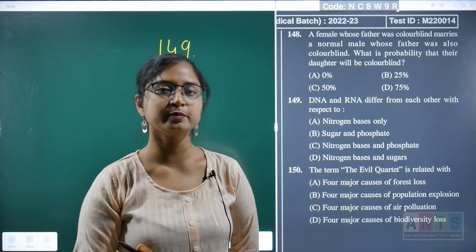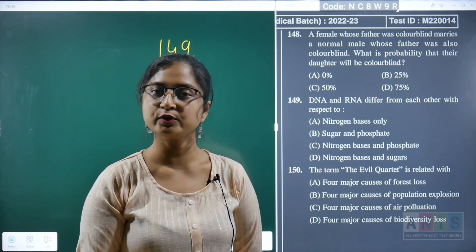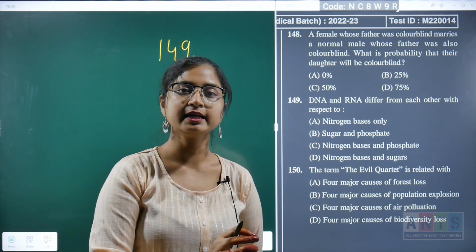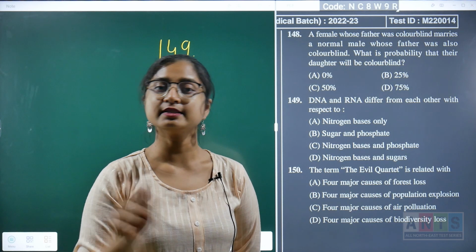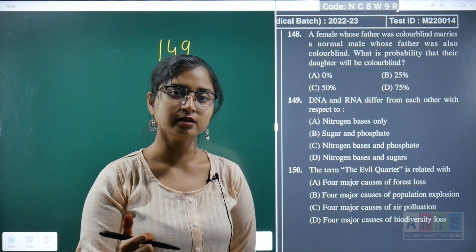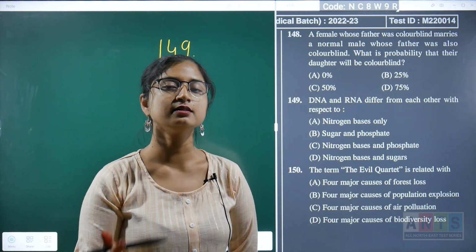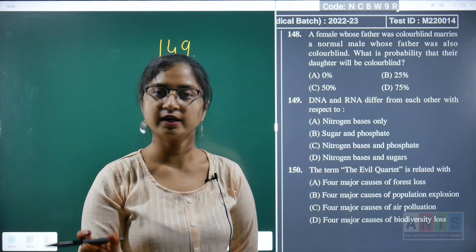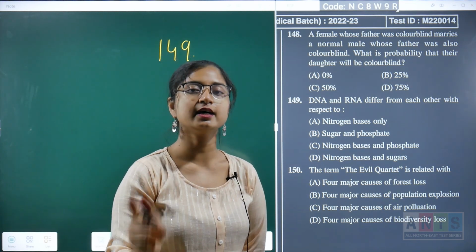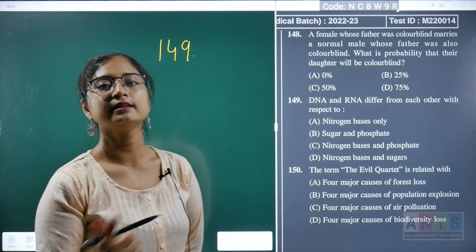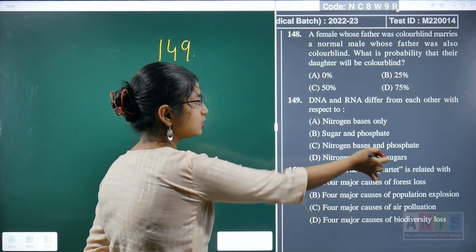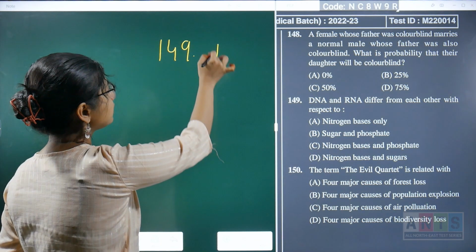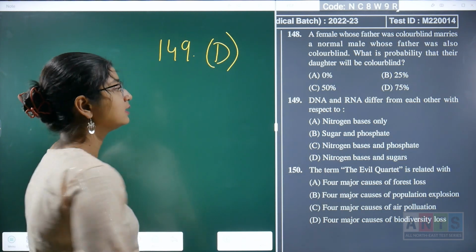Both have purines and pyrimidines, but how exactly are they present? In DNA we have adenine, thymine, guanine, cytosine, whereas in RNA we have adenine, uracil, guanine and cytosine. So the thymine-uracil difference comes in. So in DNA and RNA the sugar and the nitrogen bases would be points of difference. So nitrogen bases and sugars. Question number 149, the correct answer is option D.